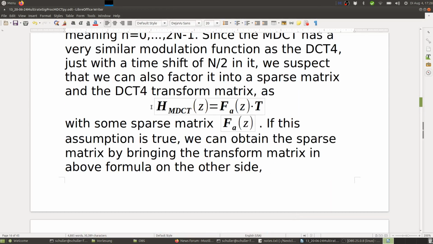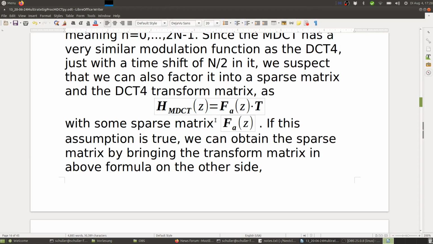in this form here. H MDCT, this is the polyphase matrix for the MDCT, can be written as this matrix Fa of z, which contains the polynomials. That's why we have the argument of z. This tells us that we have polynomials of z in it, times this matrix T, which is fixed.